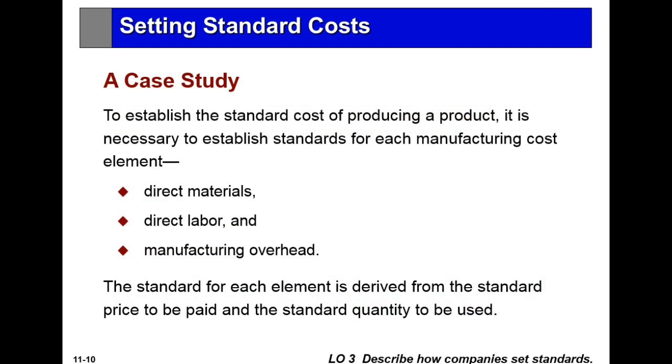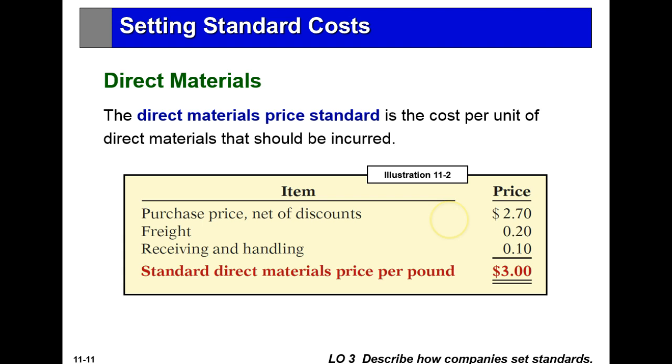To establish the standard cost of producing a product, it's necessary to establish standards for manufacturing costs as they relate to direct materials, direct labor, and manufacturing overhead. The standard gets implemented by coming up with a price to be paid and how much needs to be used for each product.